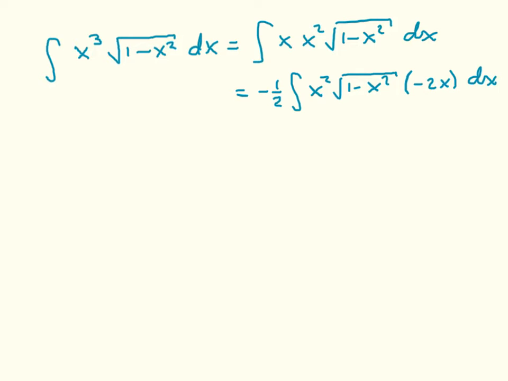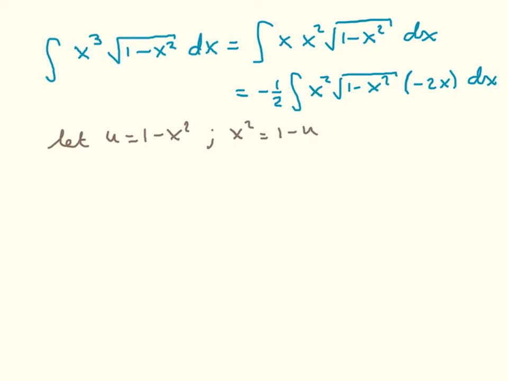Now this looks like a case where simple substitution might help. So this would be our new variable, this would be what we can call u. This is then going to be a factor of 1 minus u, and here, if this was u, this is the derivative of u with respect to x. So let us say that u is 1 minus x squared, and that means we can write x squared is 1 minus u.